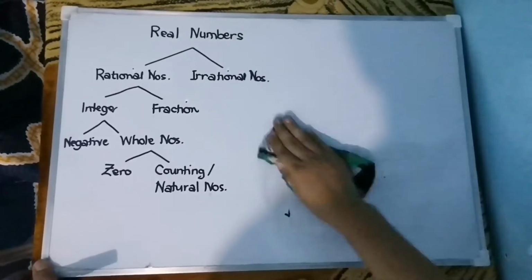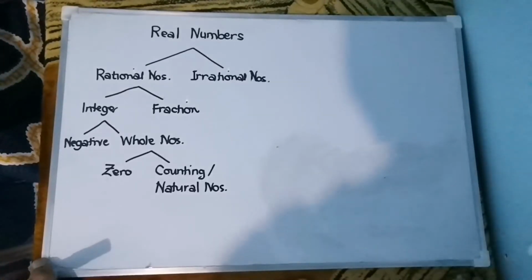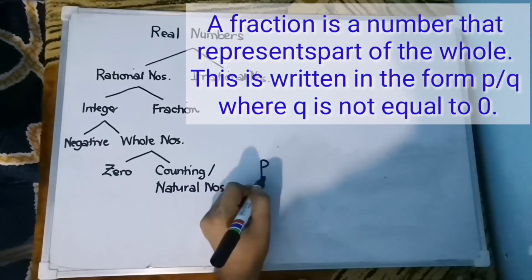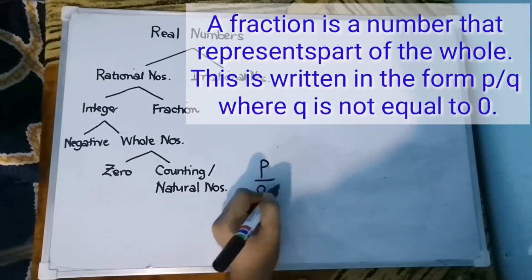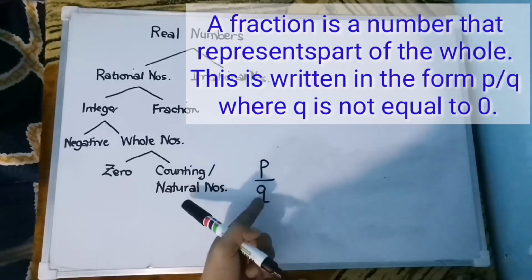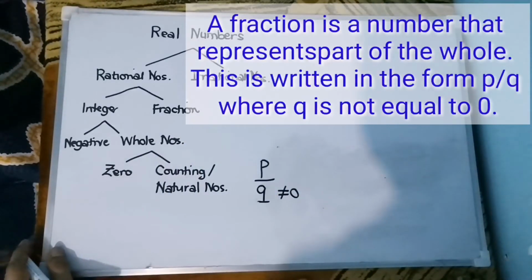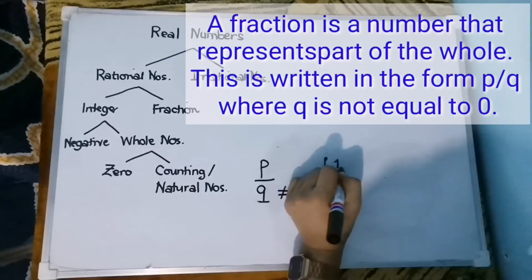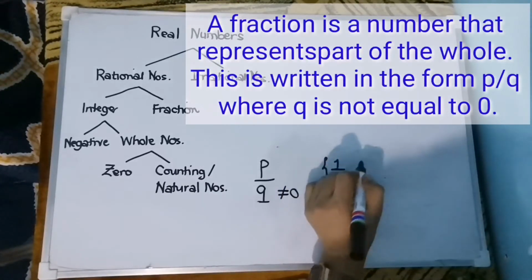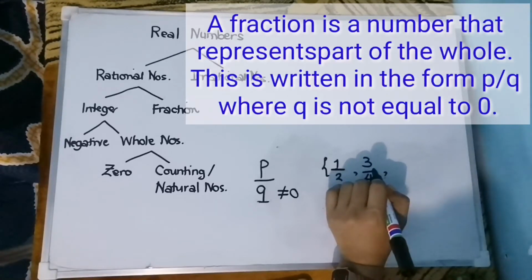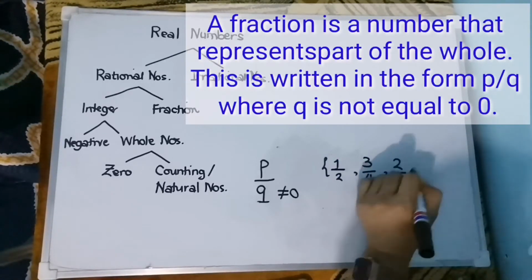While fraction, so when we say fraction, a fraction is a number that represents part of the whole. So this is written in the form of P over Q, wherein P is the numerator and then Q is the denominator, and it should not be equal to 0. Example ng fraction, 1/2, 3/4, 2/7.